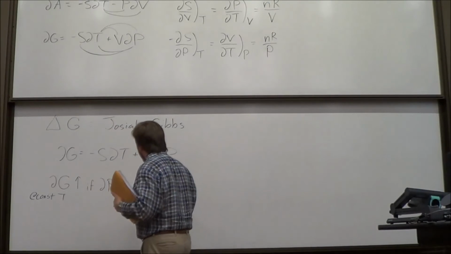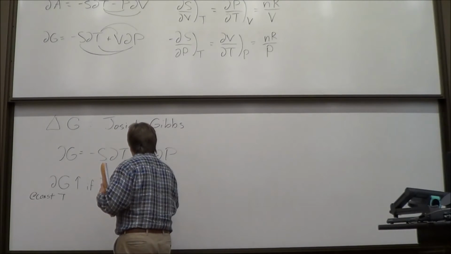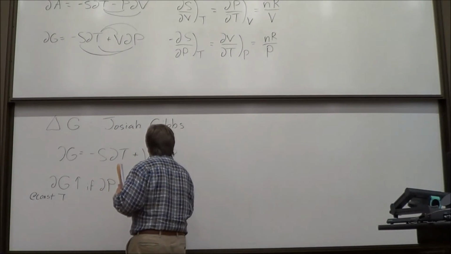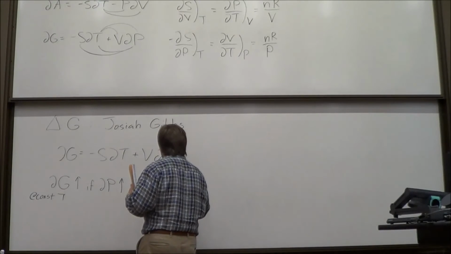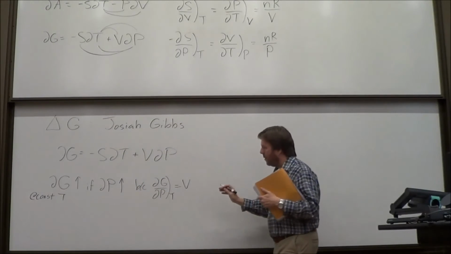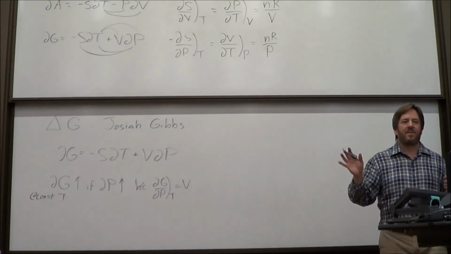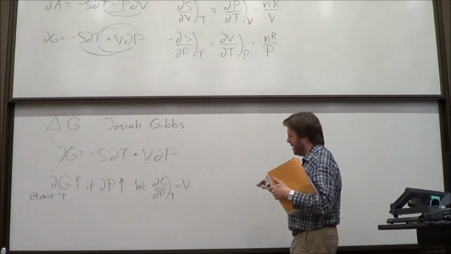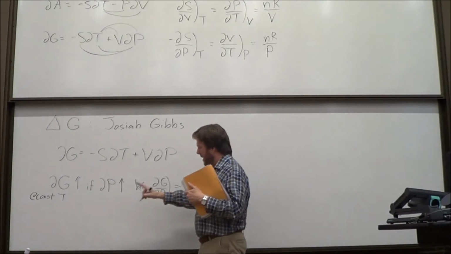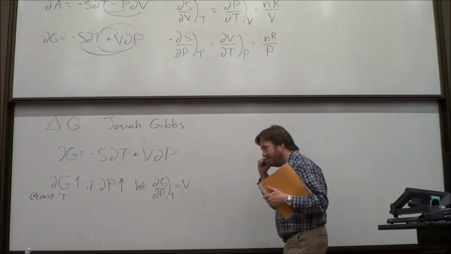You can see why, and that's because, sorry for my shorthand, dG/dP at constant T is V. Right now, hopefully you're all more than okay with df/dx, df/dy at constant whatever, to see that. Okay, G goes up if pressure goes up at constant T.